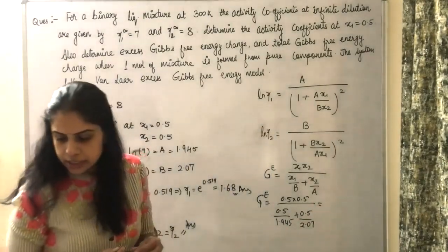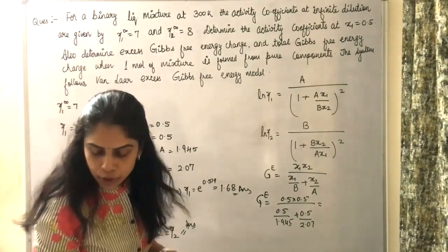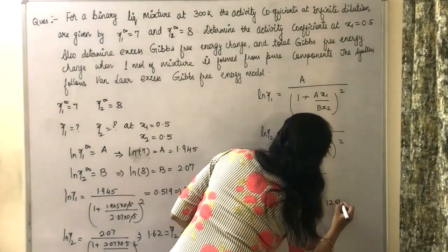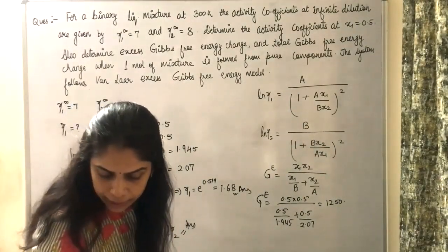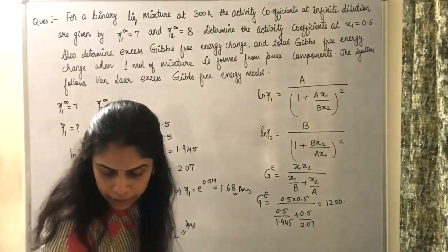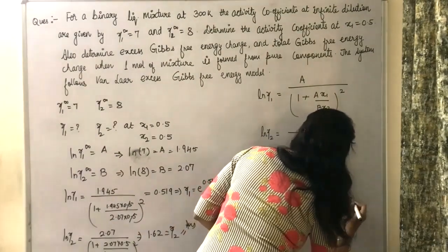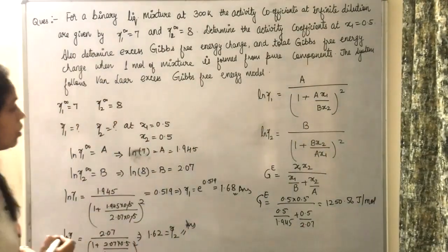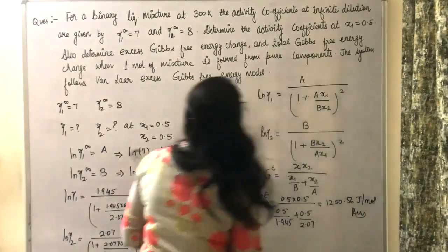When you solve this, you get the excess Gibbs free energy, and it comes to 1250.56 joule per mole. Fine. So now we have the excess Gibbs free energy. This is your third answer.